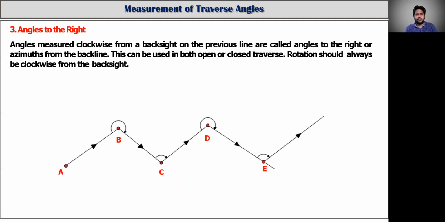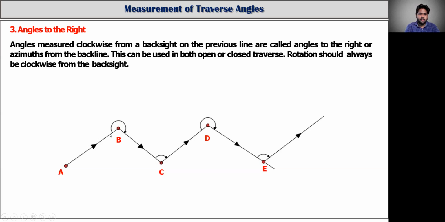Angle to the right. The angles measured clockwise from the backsight on the previous line are called angles to the right, or azimuth from the back line. This can be measured in both open and closed traverse. Rotation should always be clockwise from the back side.